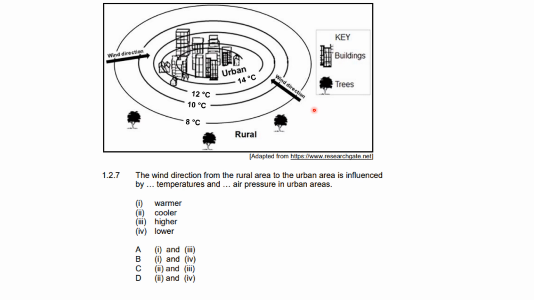That high because of lower temperatures, and that low because of the higher temperatures. So in your urban areas, your temperatures are warmer, but your pressure is lower. So that would be Roman numeral number 1 and 4. And in this case, it would be option B.